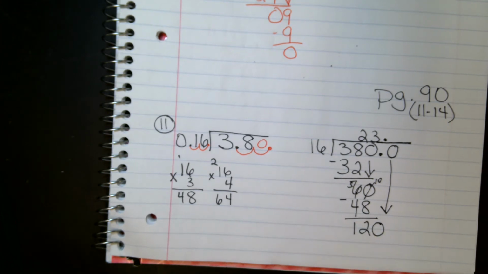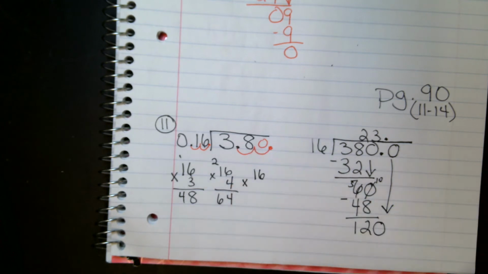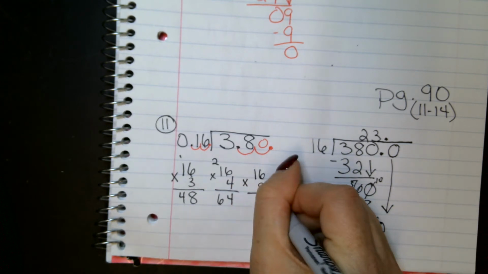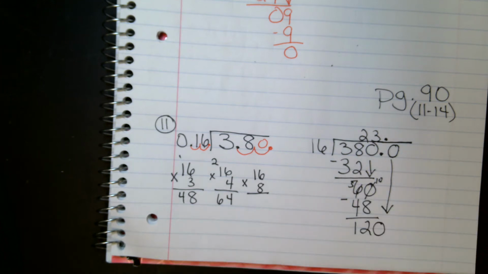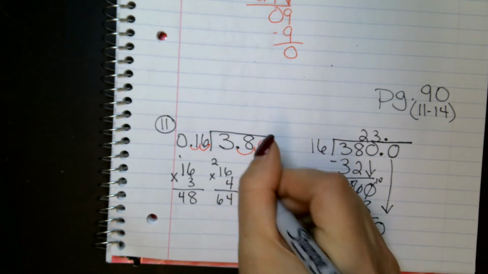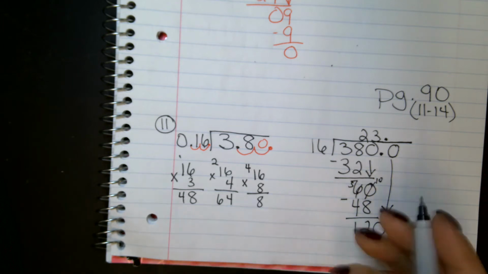Can 16 go into 120? How many times? Let's try 8. I don't know. What's 8 times 16? 8 times 1 is 8 plus 4.